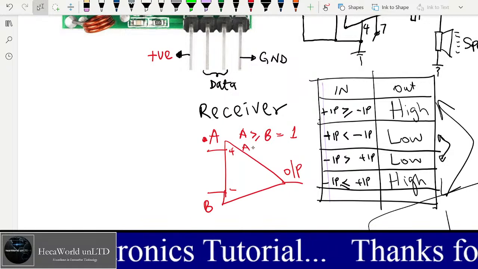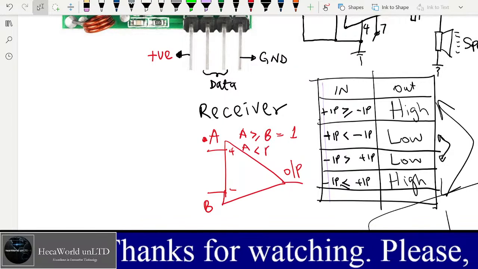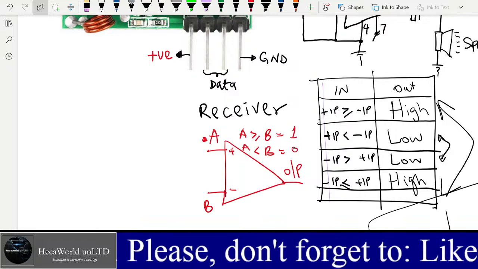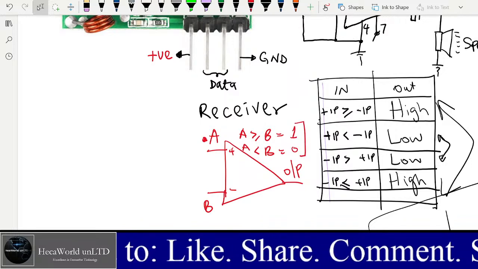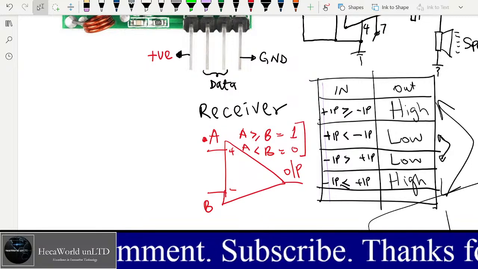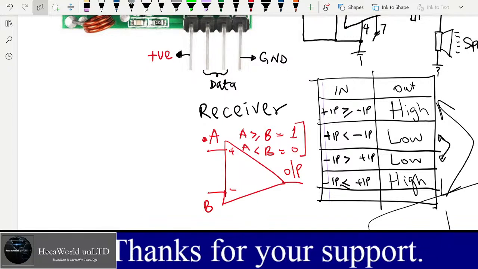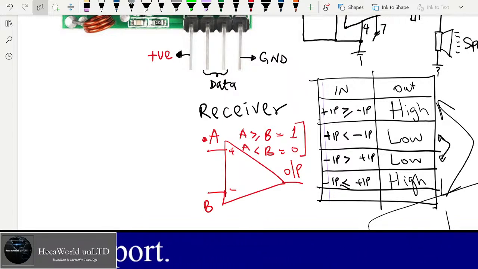When signal at A is less than signal at B, the output is 0. This is basically it. There's no further long explanation here. Now let's go to our simulation and try to understand how this plays out.